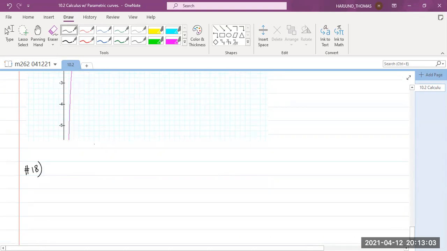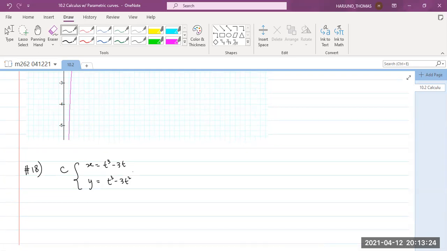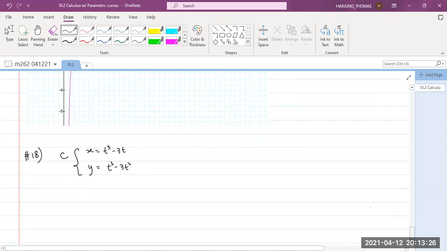Number 18, we have the curve given by x equals t cubed minus 3t, y equals t cubed minus 3t squared. Now I will answer the question from the book first. Find the points on the curve where the tangent is horizontal or vertical. I will answer that first, and then from there, I do a follow up.